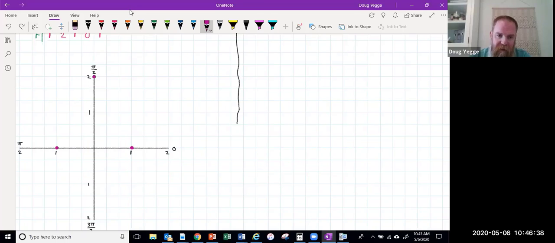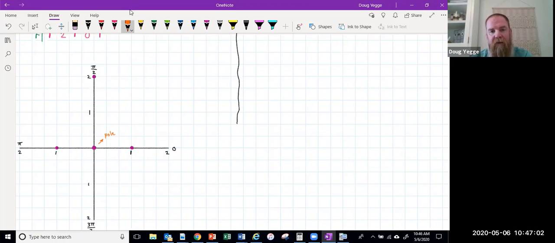Okay, so that must mean that I'm going to plot what we refer to as not the origin, but we refer to that as the pole, the pole of the polar graph. So it's kind of like the North Pole and the South Pole. It's the pole of our curve, okay?